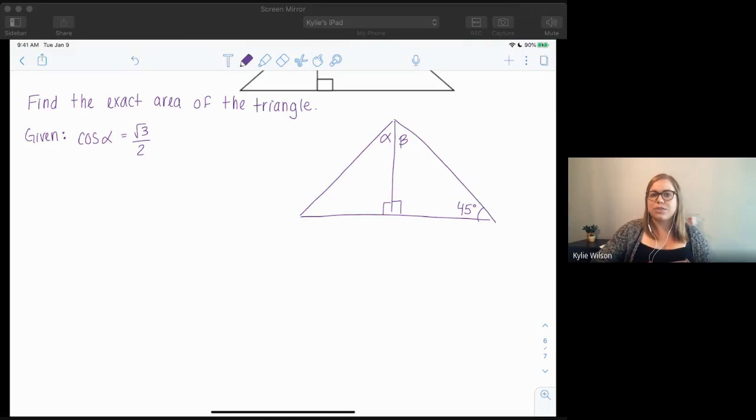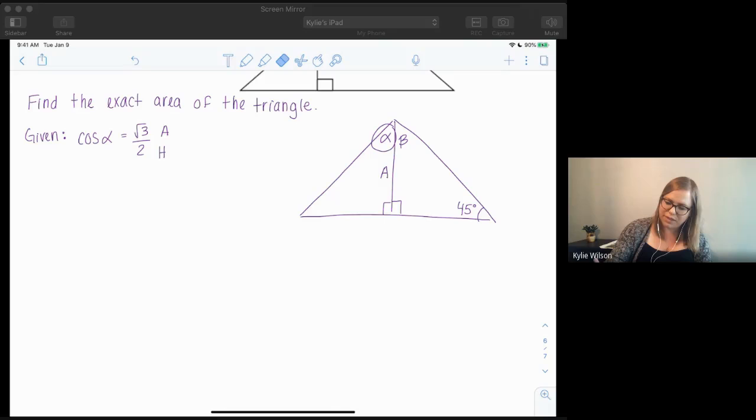Okay, so the first thing we're given is that cosine of alpha is equal to root 3 over 2. So we know that if I circle alpha and label my triangle, that's my hypotenuse, and that is my adjacent side, so we would get 3 over 2. So that is my adjacent, and that is my hypotenuse.